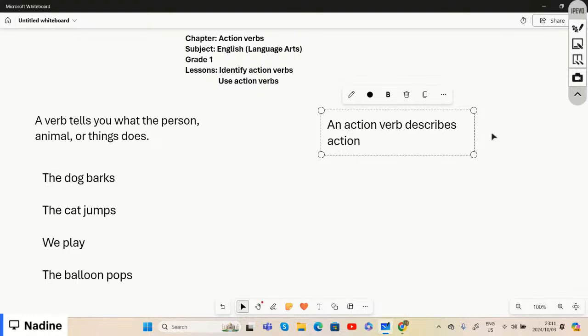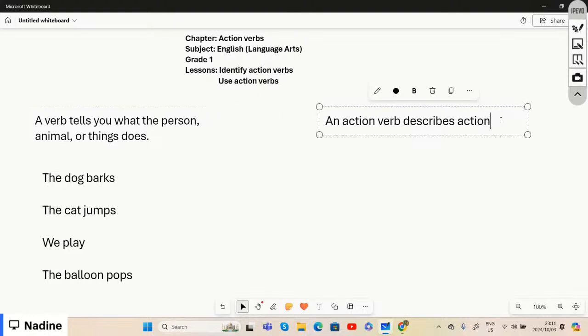And if we look at words that describe action, then we can say words such as, there we already have jumps. To kick is an action verb. Kicking a ball, kicks a ball.